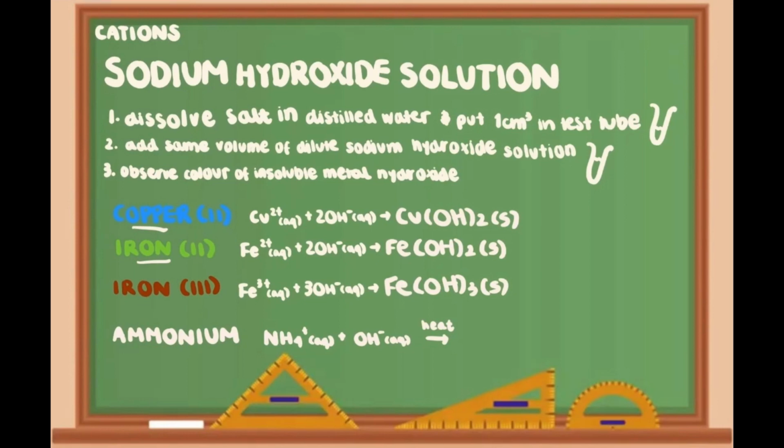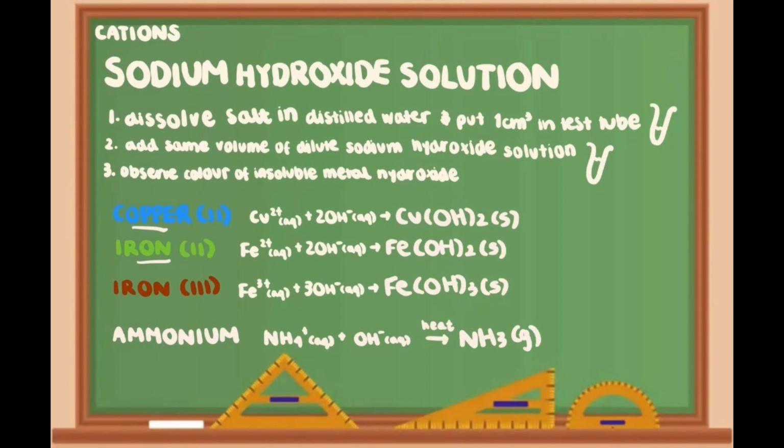Now, ammonium is a little bit different. Ammonium will not form an insoluble hydroxide. What instead will happen is when warmed gently, don't allow it to spit, that can be dangerous, a gas will be given off, and this gas is, you probably guessed it, ammonia gas.